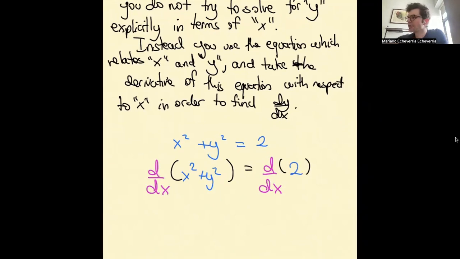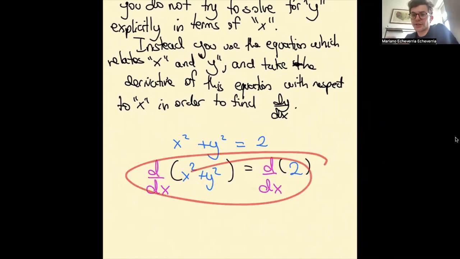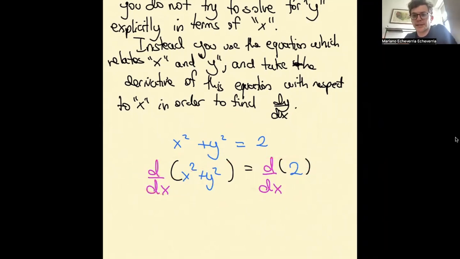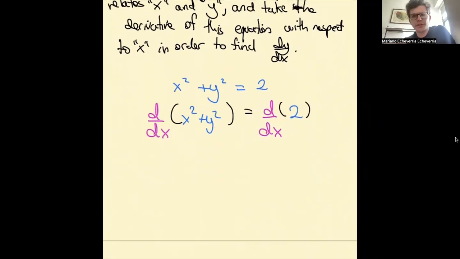Is that making sense? So just think of this as analogous to, say, multiplying both sides of the equation by a number. The analog of this in calculus is just like, well, take the equation and take the derivative with respect to x on both sides of it. So far, so good.